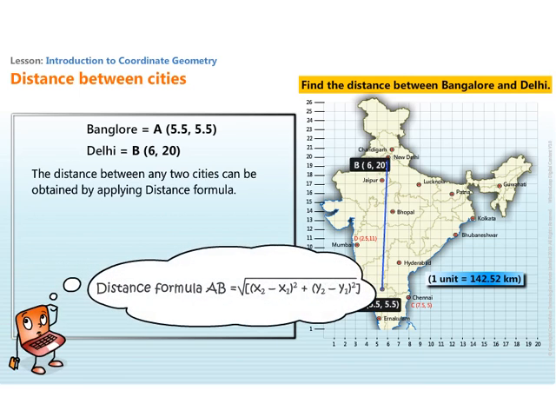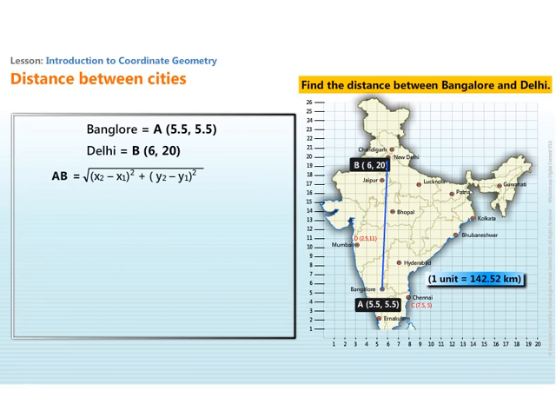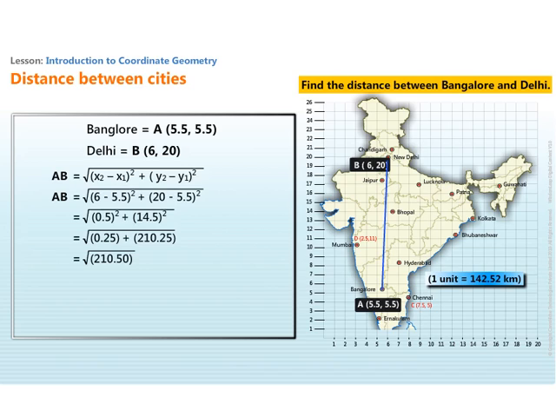We know by the distance formula, AB is equal to the square root of (x2 minus x1) whole squared plus (y2 minus y1) whole squared. Substituting the values of x1, y1, x2 and y2 in the distance formula and simplifying, we get the value of AB equal to 14.50 units.